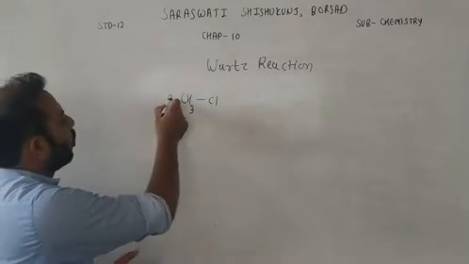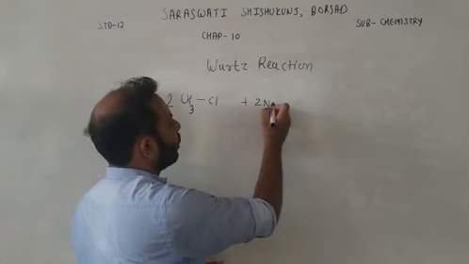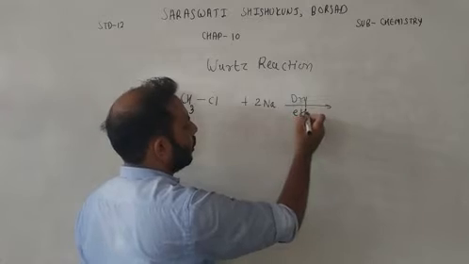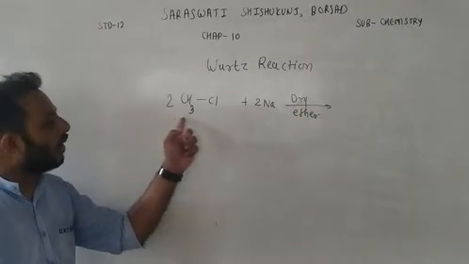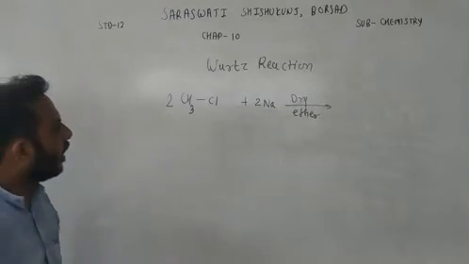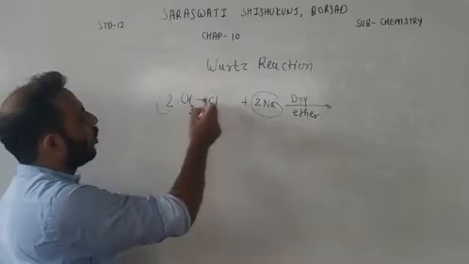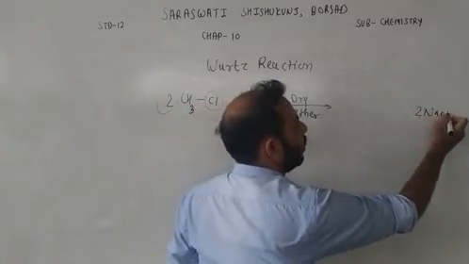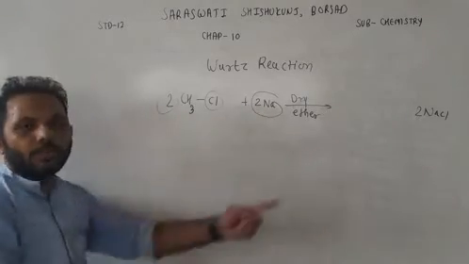So 2 moles of chloroethane react with 2 moles of sodium in presence of dry ether. Then we will get 2 sodium from here, 2 chlorine from here, and it will form 2 NaCl.